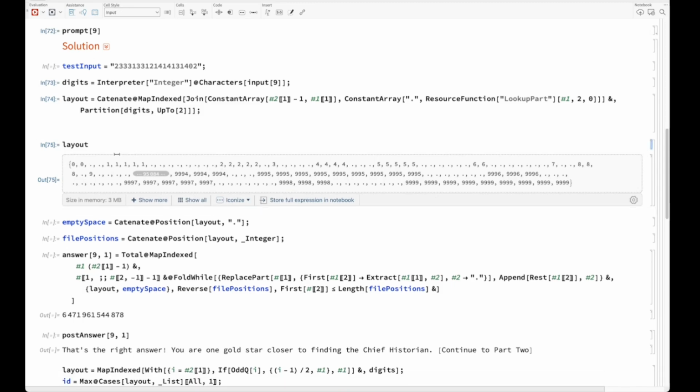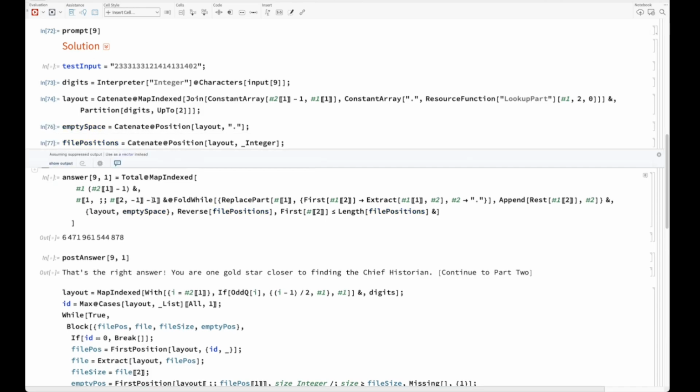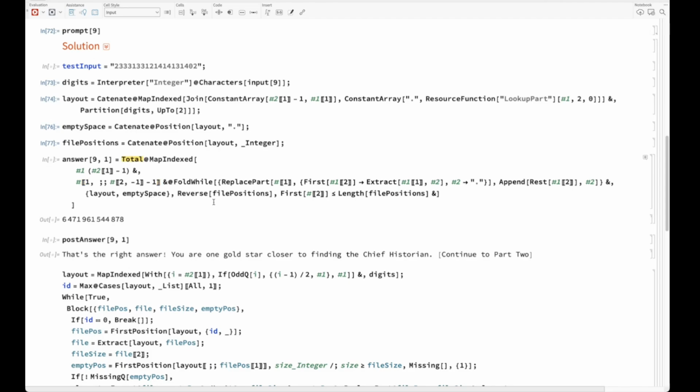So for part 1 you compute the positions of empty spaces and files, and the problem was to move those files into the empty spaces to the left of them. There was just some wrangling, changing the layout itself.